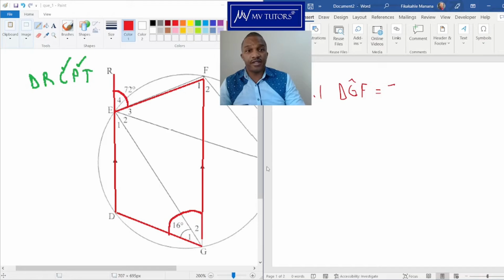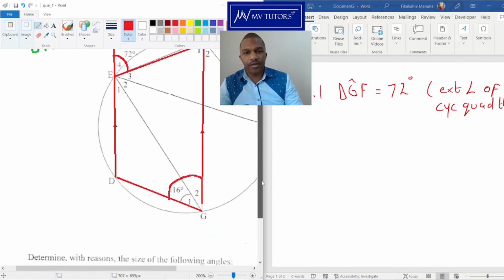I forgot that there's a camera right there, so you don't really see my numbering, but that's fine. Let's just continue. It's equals to 72 degrees, and always write a reason. External angle of cyclic quad. Okay, I'll just put theorem. Okay, they are equal. All right, that's it for that question.